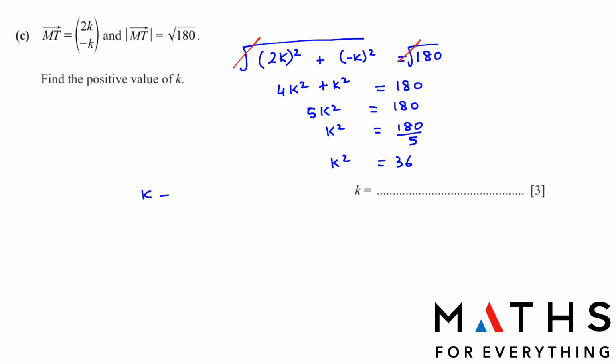Therefore, k is equal to square root 36. We just want the positive value, and that is 6. Remember this, please. When you want to find the magnitude, whatever you have, the x and the y values, you square them, add them, and square root the answer.